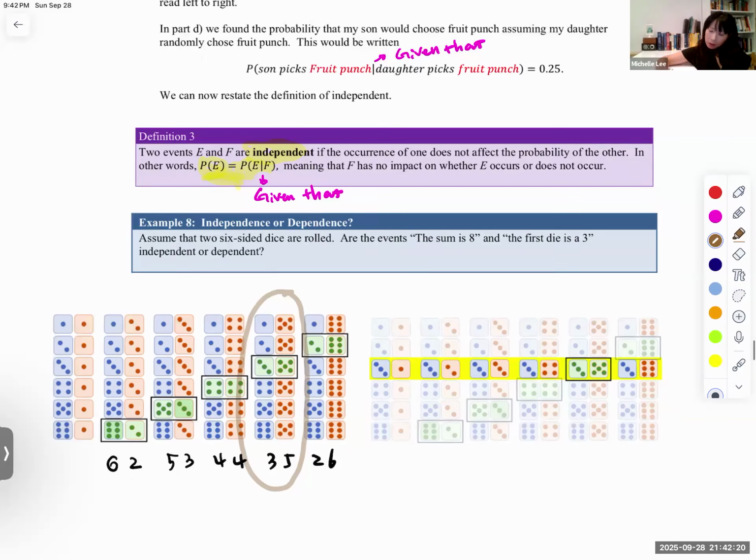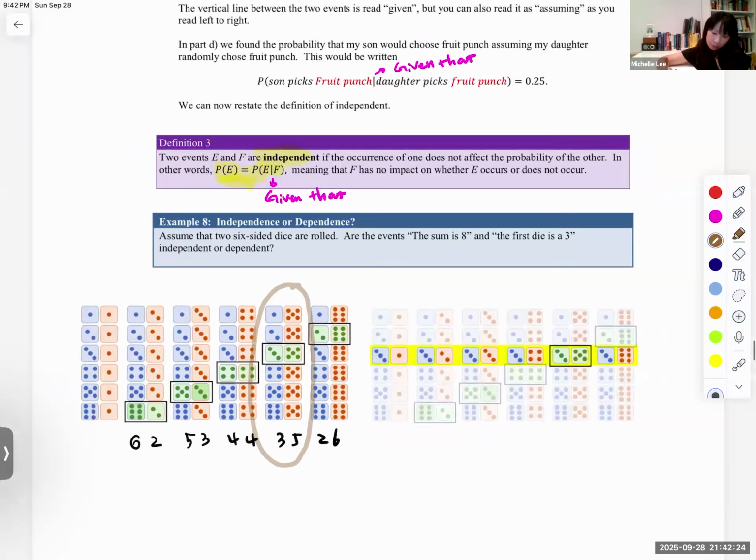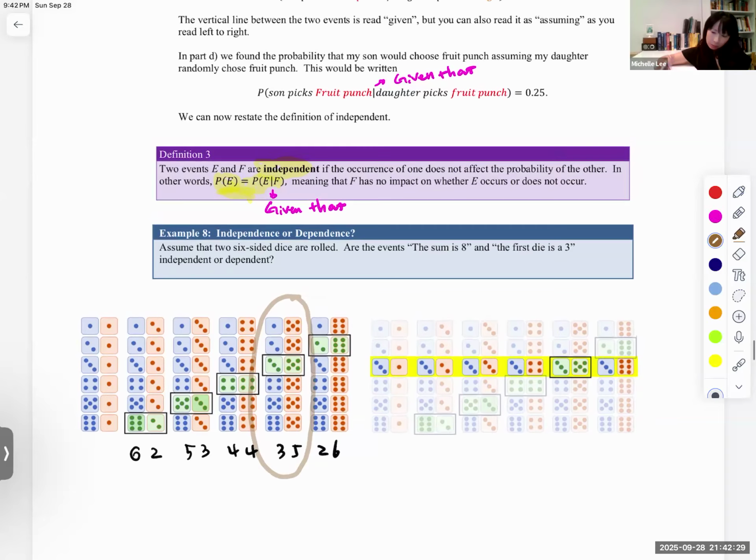Okay, so we can write it out. What's the probability that the sum is 8, given that the first die is 3? I'm sorry, the first die is 3, right?